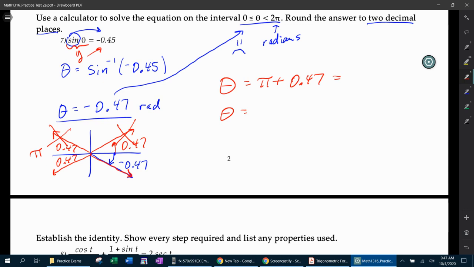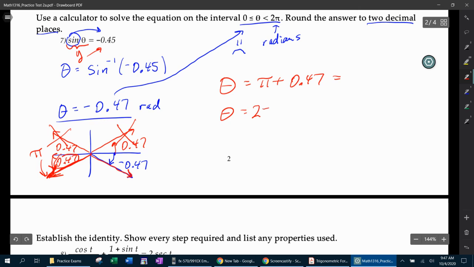Do you see how I get that? If I'm at pi and I add 0.47, see that? If I'm at pi and I add 0.47, I'm going to get this quadrant 3 angle.